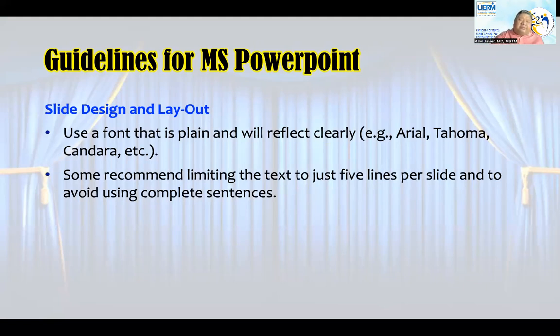There are people who would say avoid using complete sentences. There are instances wherein I find complete sentences more effective rather than just phrases or bullet points. When is this? If you're dealing, for example, with an asynchronous lecture, sometimes you rely on whatever is being presented already on the slide deck.